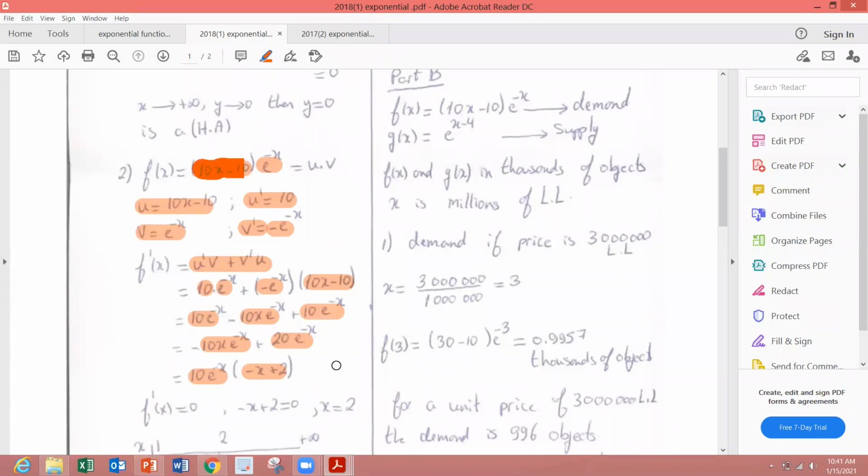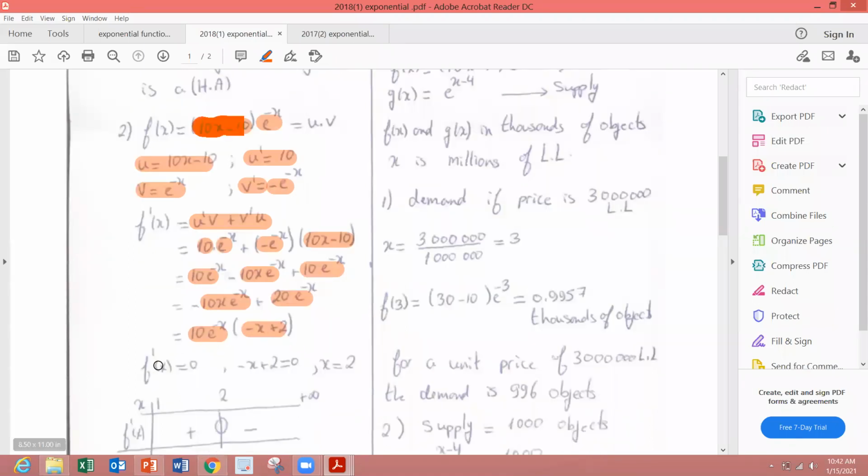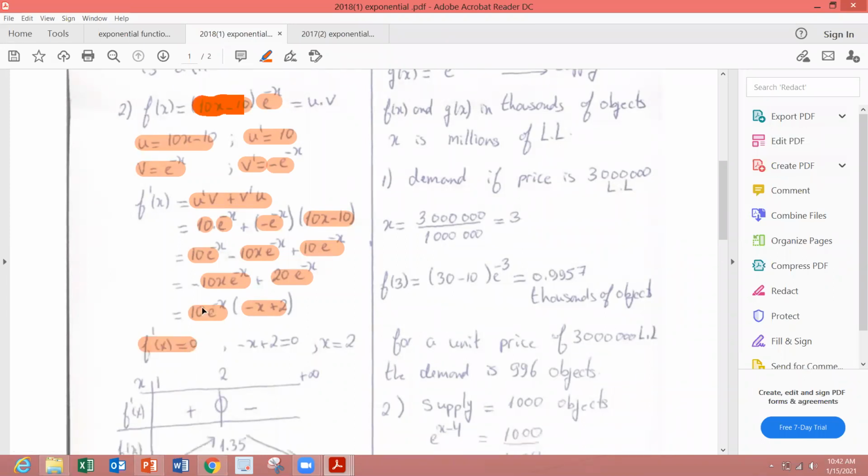Now it is required to set up the table of variations. To set up the table of variations, we have to solve f prime x equal to 0. We don't take the exponential part. Why didn't we take this part equal to 0, 10e to the minus x equal to 0? Why did we only take minus x plus 2 equal to 0? Because 10e to the minus x, what is its sign?